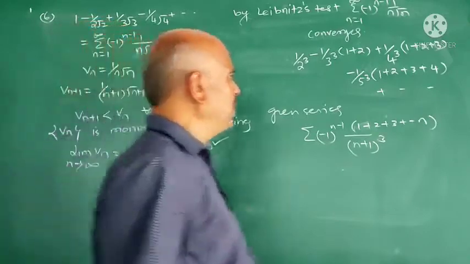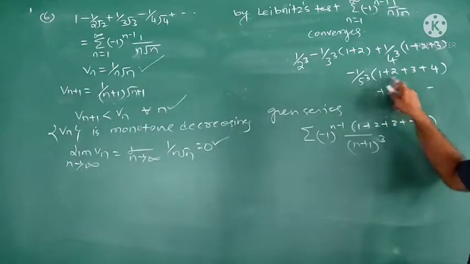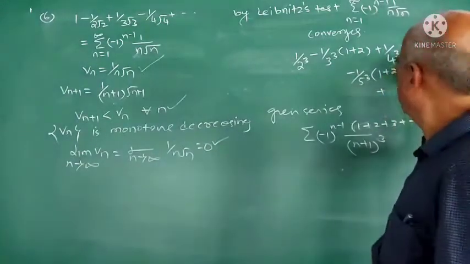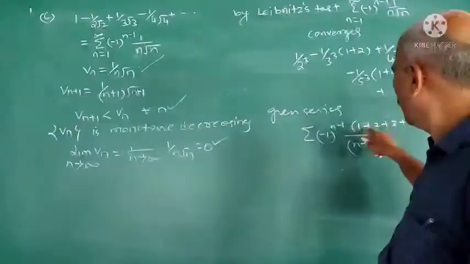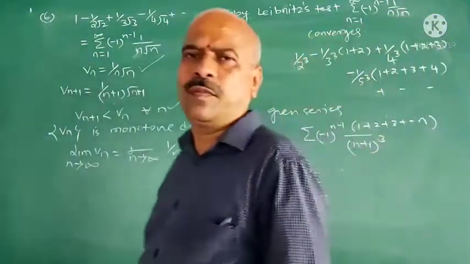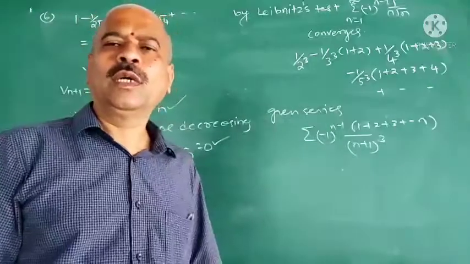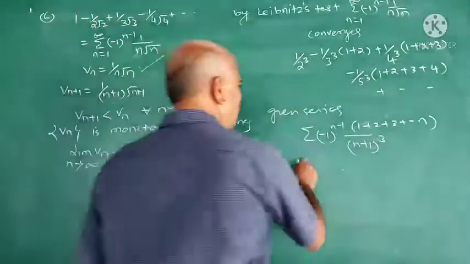Yes, 1 plus 2 plus 3 up to n. In the fourth term we have 1 plus 2 plus 3 plus 4. Third term 1 plus 2 plus 3. In the nth term we have 1 plus 2 plus 3 plus n. Denominator n plus 1 whole cube. In the fourth term we have 5 cube. Third term we have 4 cube. N plus 1 whole cube. This is the given series.